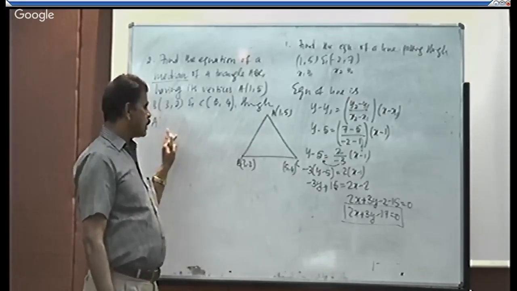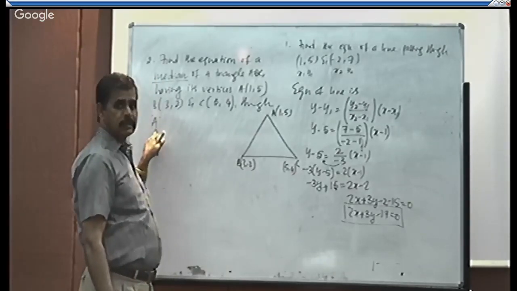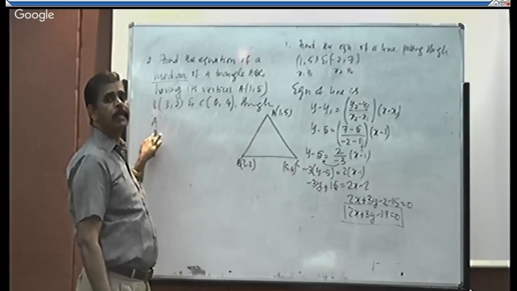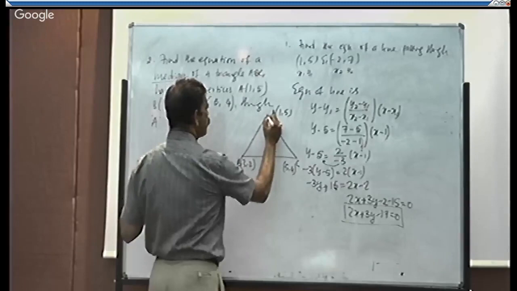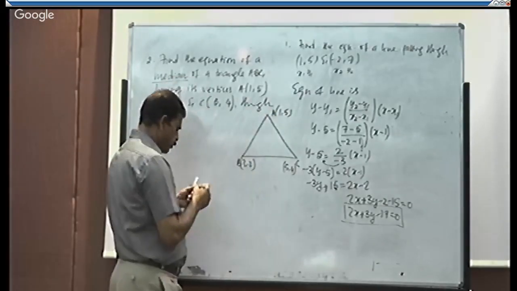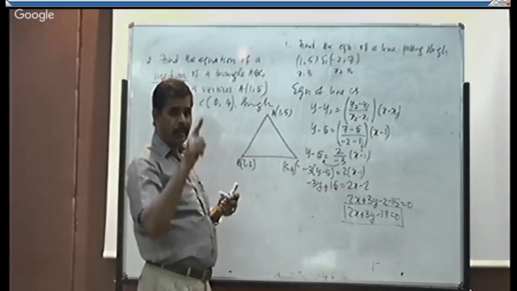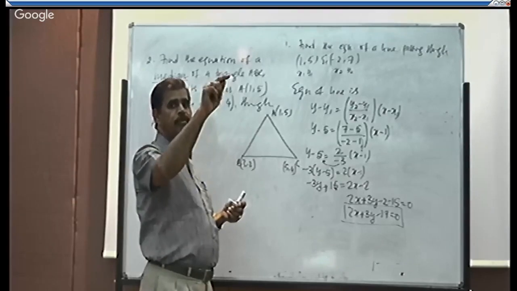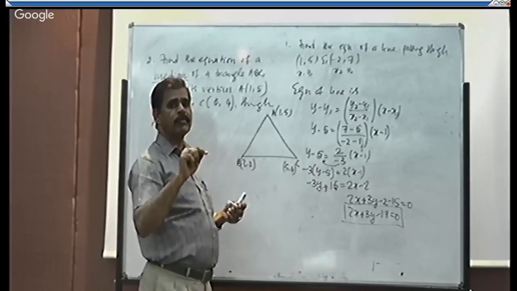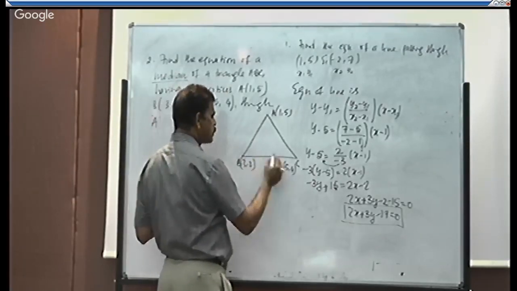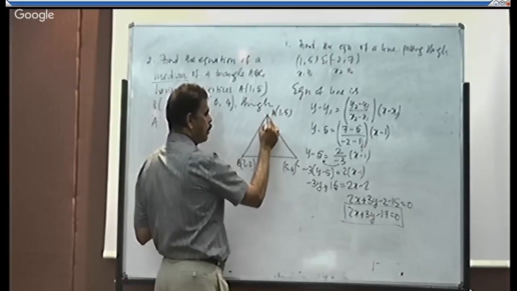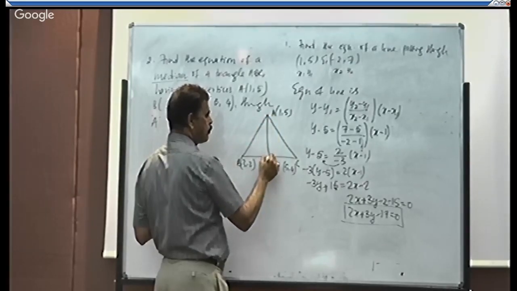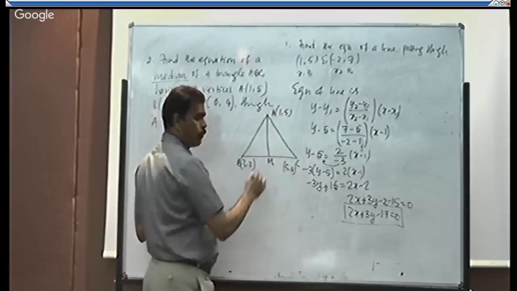They may give it for through B or through C also. Carefully see the through point, that is the passing point. One passing point is obtained. I mentioned that a median is a line joining any vertex to the midpoint of the opposite side. So I need a median which passes through A and the midpoint of BC. I will take it as M. What is M?